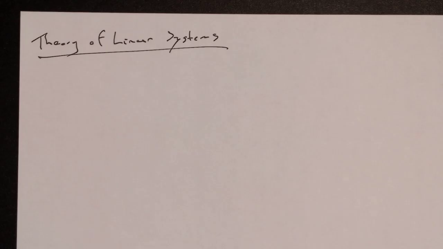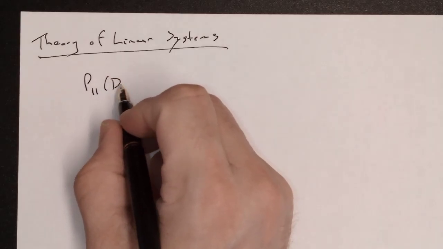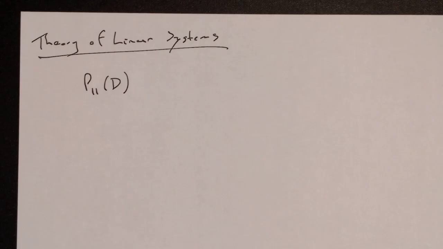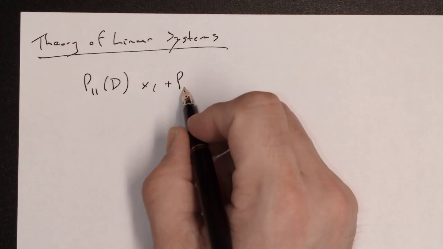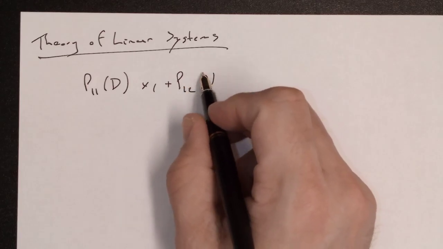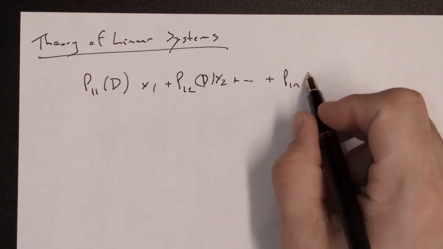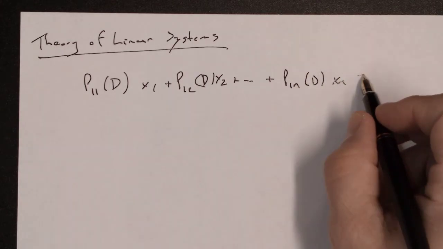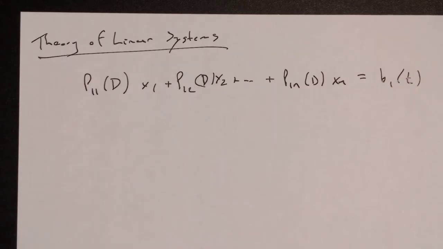I remember in chapter 4, we talked about multiple differential equations in multiple variables. So I had a number of operators in differentials, right? So I have some polynomial of D times x1 and some polynomial of D times x2 all the way up to some polynomial in D times xn, and that's equal to, I don't know, b1 of t.